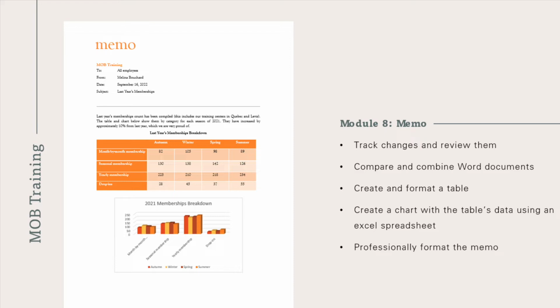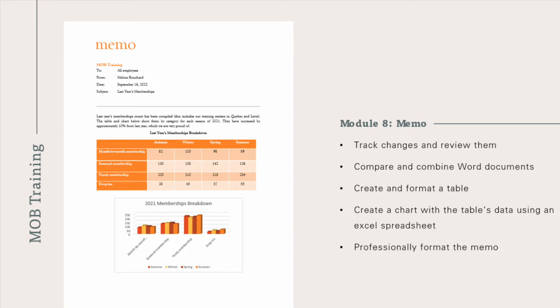For MOB training, I created a memo, as you can see on the slide. So I formatted the memo professionally and I put the colors of my company in it so that my brand can be recognized in the memo. As you can see, the memo is about last year's membership breakdown.